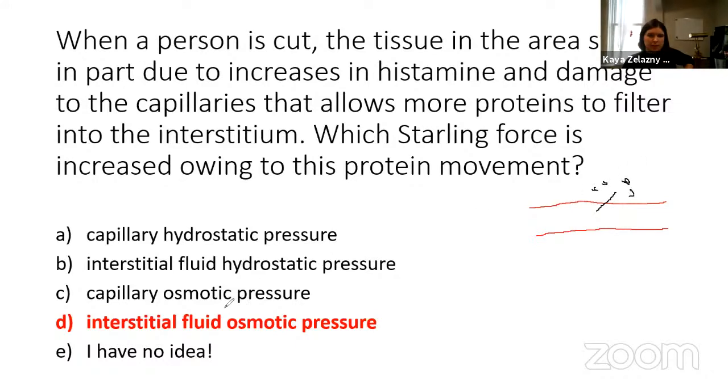That's the osmotic pressure, the interstitial fluid osmotic pressure, or pi IF, which is pulling water towards those proteins. So we have more proteins, so it's increasing this interstitial fluid osmotic pressure. Okay, let's try another one.